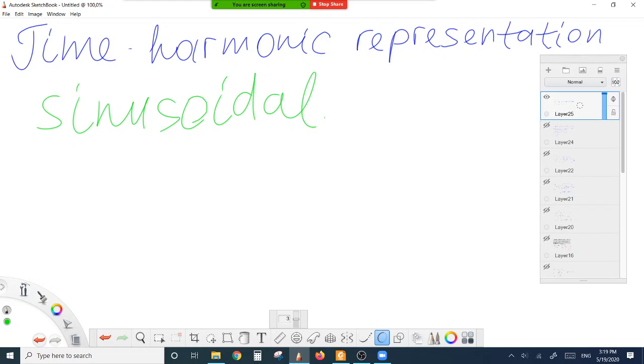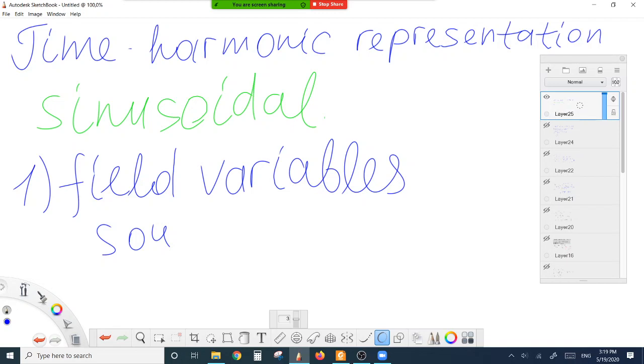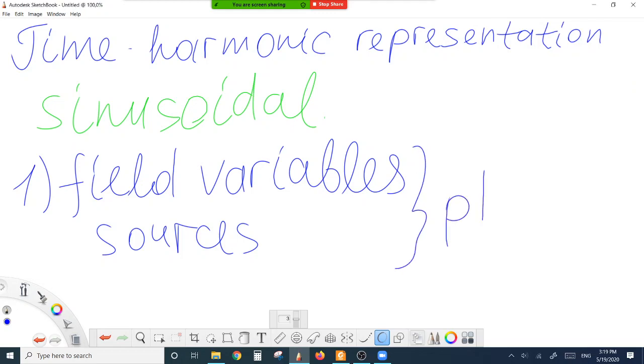First, field variables and sources can be treated as phasors.